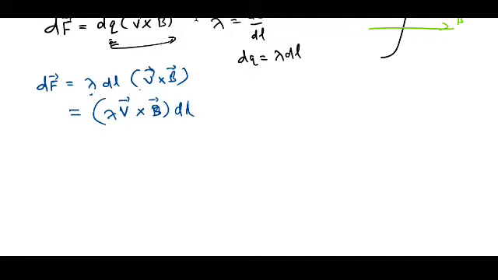Just now we have seen that lambda v is nothing but the current I. Therefore, dF can be written as I cross B into dl. This is the small amount of force acting on the length element dl.